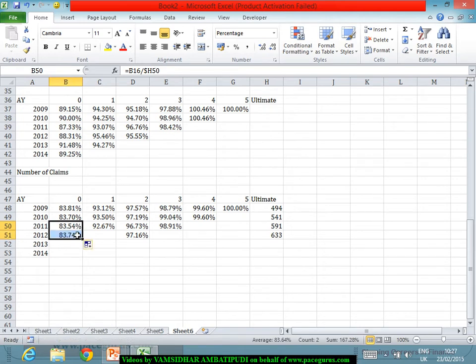Now the same logic I extend, it's coming out to 83.74 here, and probably it's working out to 92.9 here.